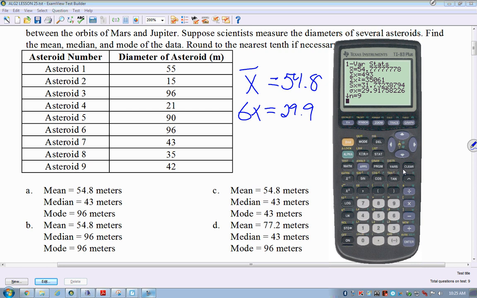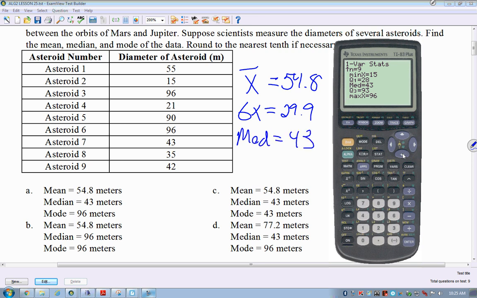It's not asking for that, but if I go down, and keep going down, I'll get more data. The rest of this data would give me information for a box and whisker plot. With a box and whisker plot, we have a minimum, Q1, median, Q3, and a max. But for today, we don't need all of that, but we do want the median, which is 43.